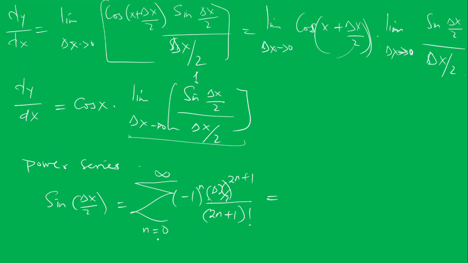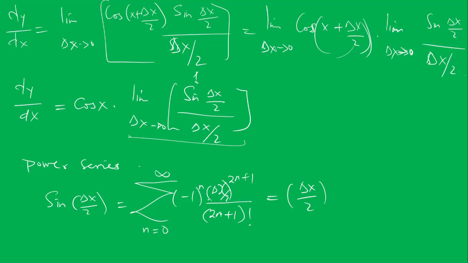Now if we input n equal to 0 here, we have delta x all over 2, divided by 1 factorial.